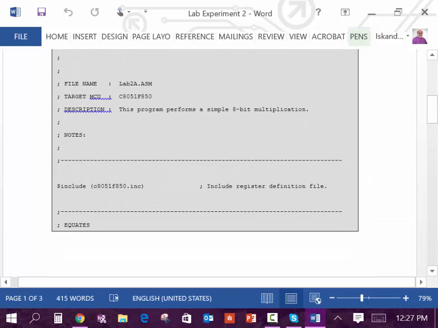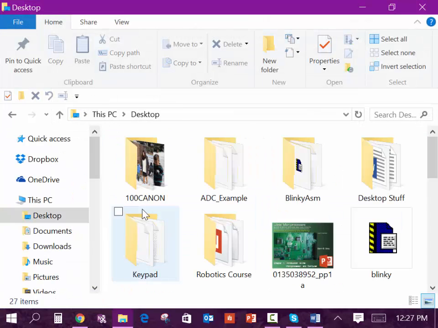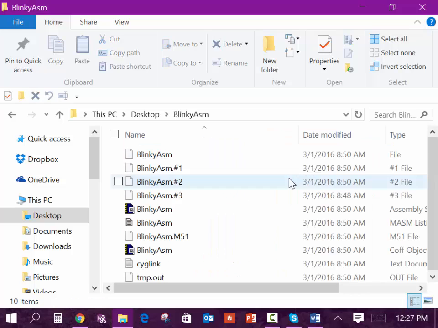From Blinky, let me pull up Blinky here. Desktop. Blinky.asm.